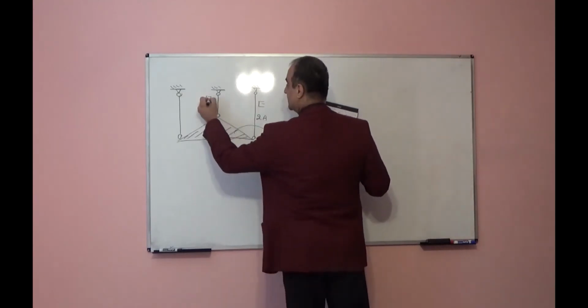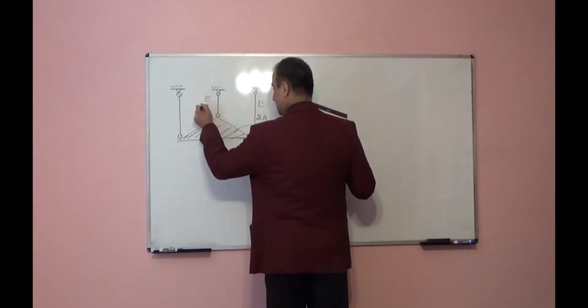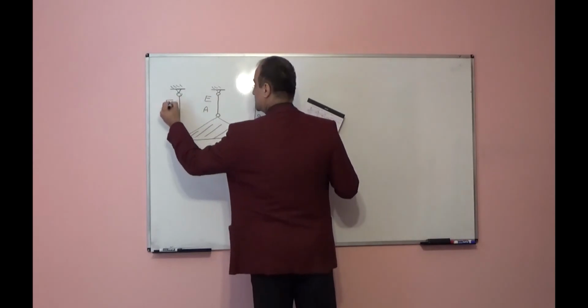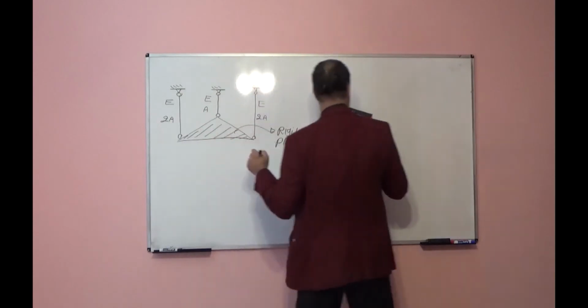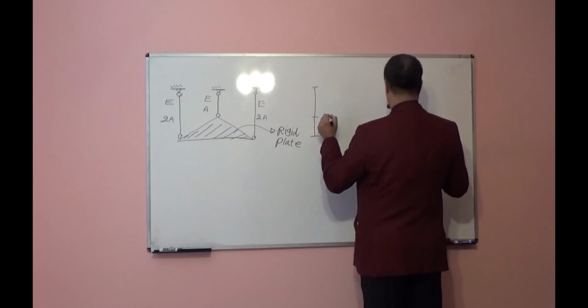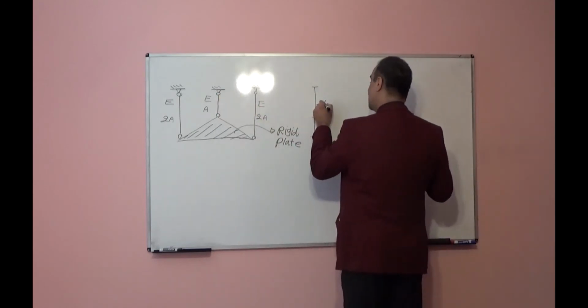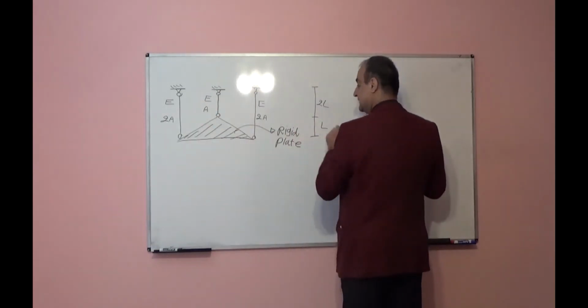The middle one, young modulus is E, cross-sectional area is A. First rod, young modulus is E, and cross-sectional area is 2A. Length for the middle rod is 2L, and for these two it is 3L.